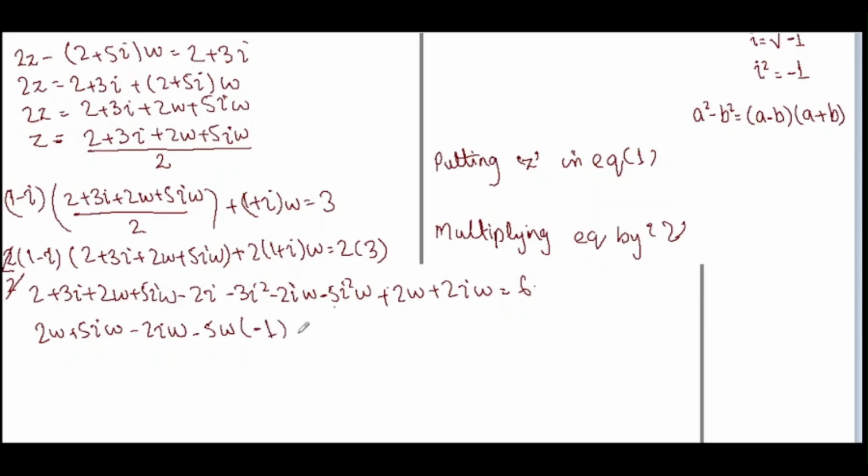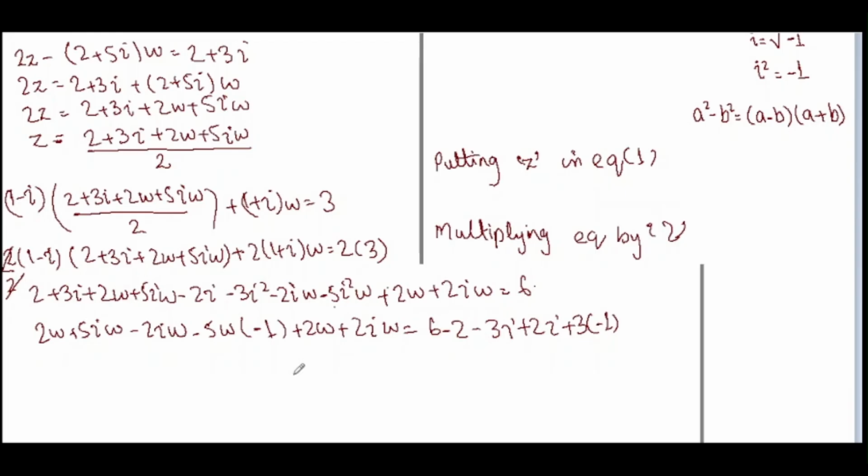So minus 1 over here plus 2w plus 2 iota w equals to 6. Now all the other terms are to be shifted towards the right hand side. So minus 2. Then this plus 3 iota becomes minus 3 iota. Minus 2 iota becomes plus 2 iota. And then minus 3 iota square becomes plus 3 and iota square becomes minus 1. And then all these terms are having w.